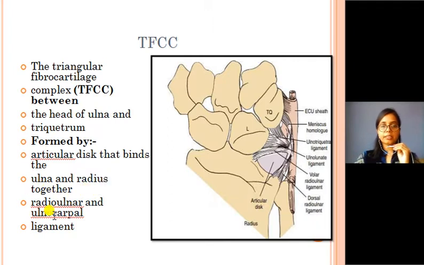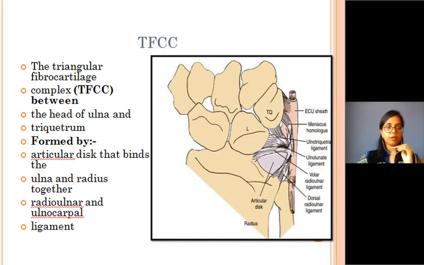Also, it binds the radio-ulnar and ulnocarpal ligaments together. As you can see, this is the radio-ulnar, which is bound to the articular disc. This is the dorsal radio-ulnar. Okay, these are the ligaments of the wrist complex. This is the lunate triquetrum.